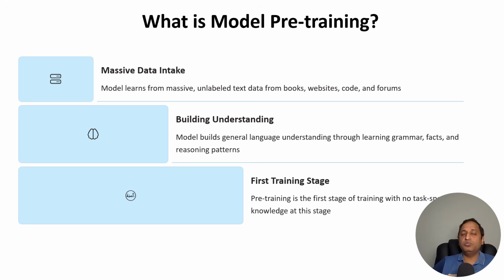It might know it to a greater extent, but not to the precision you want, because it has been trained on general legal language rather than a specific immigration law or contract law. We are just teaching the model to read and write in general, like training a person before you teach them medicine or law.